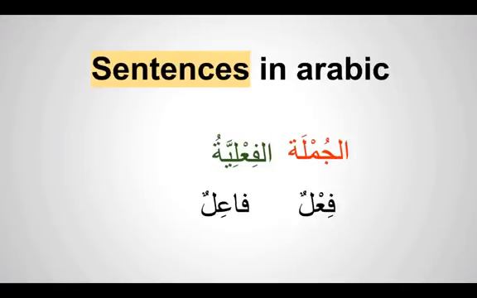So for the moment we are looking at fi'l and fa'il in Jumlatul Ismiya. If I give an example here to understand this Ismiya and Jumlatul Fi'liya concept, as few people have confusion: when you see a sentence, look at the beginning. If we see a noun, it is Jumlatul Ismiya, and what we're looking for is Mubtada and Khabar.